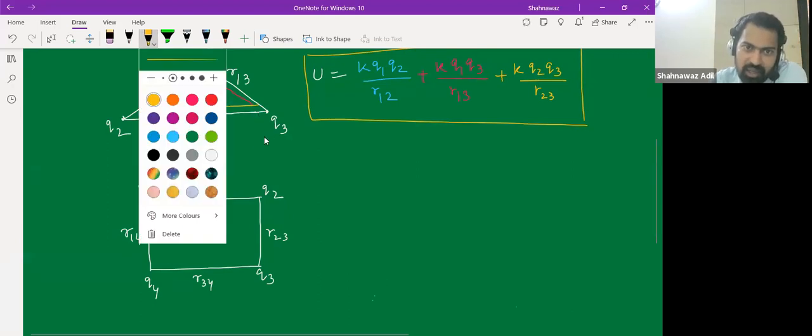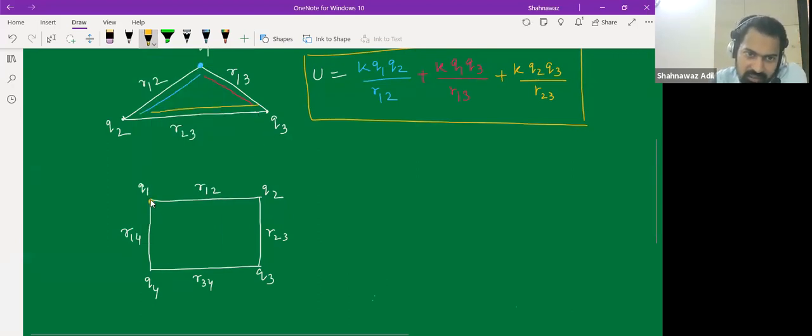First, let us choose this charge. It can interact with this one, this one, and this one. So for this charge, I have 3 possibilities. Let us write the potential energy.